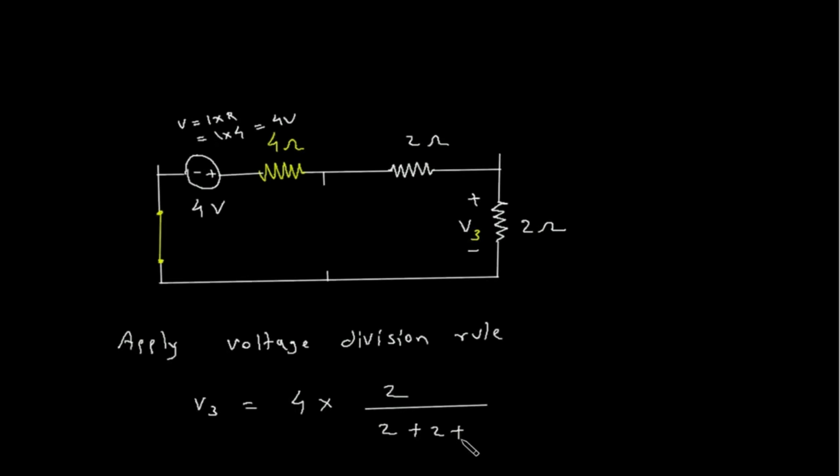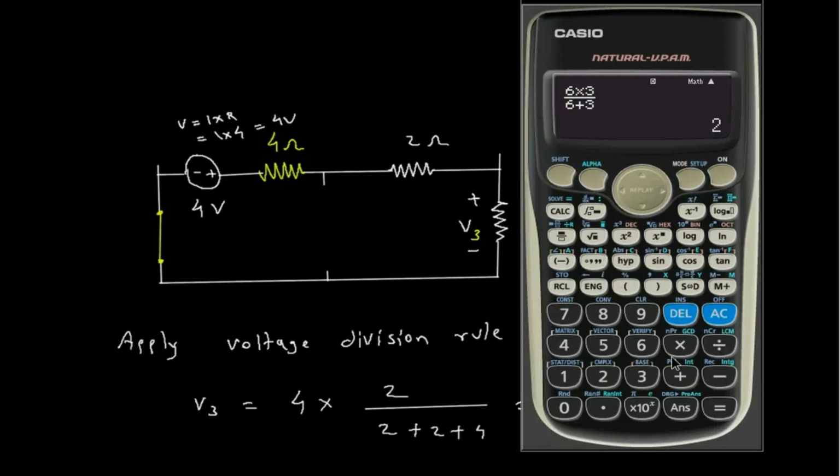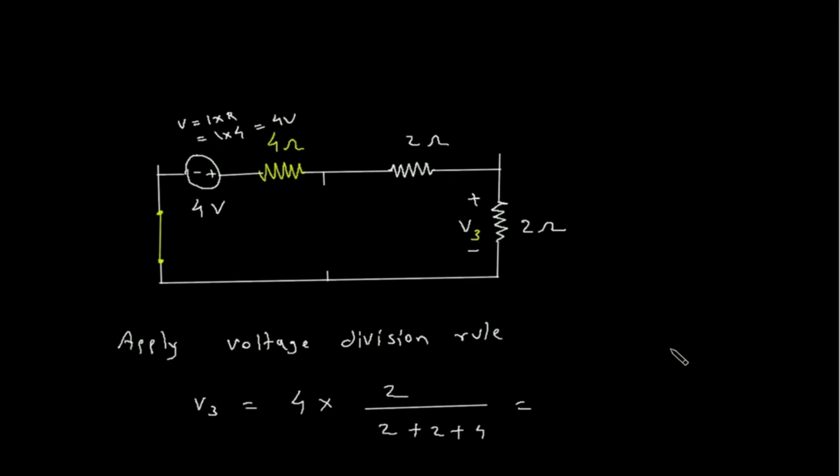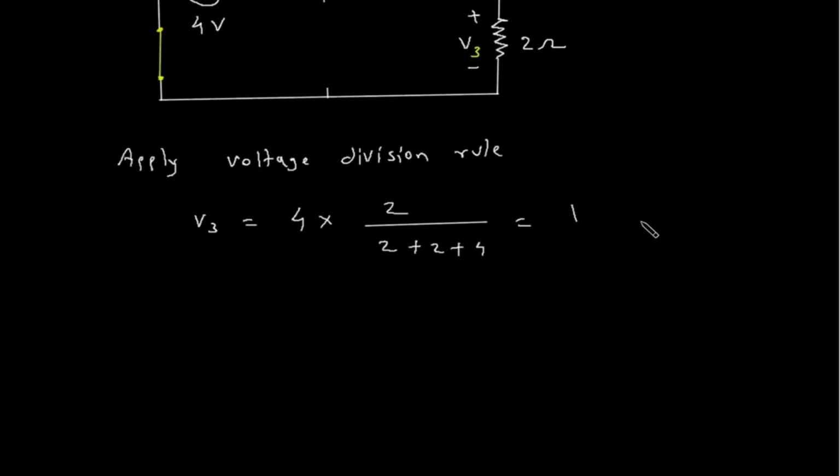So this will be 4 into 2 by 2 plus 2 plus 4. So this is 1 volt. V3 is equal to 1 volt.